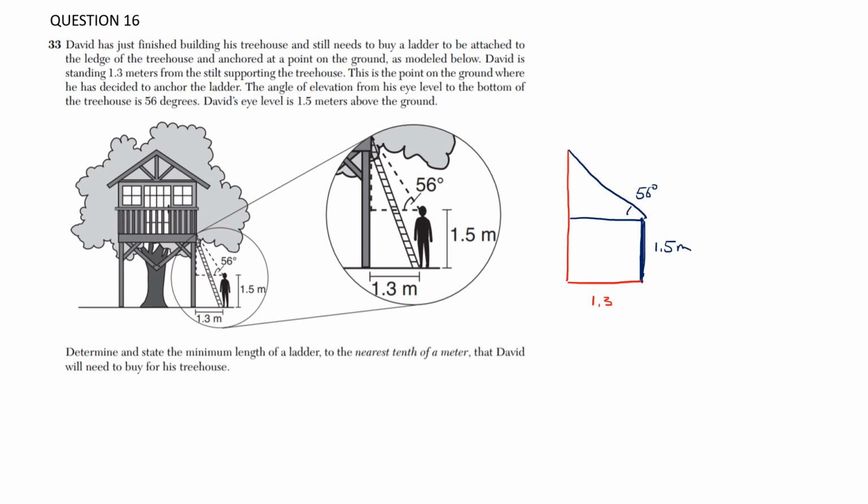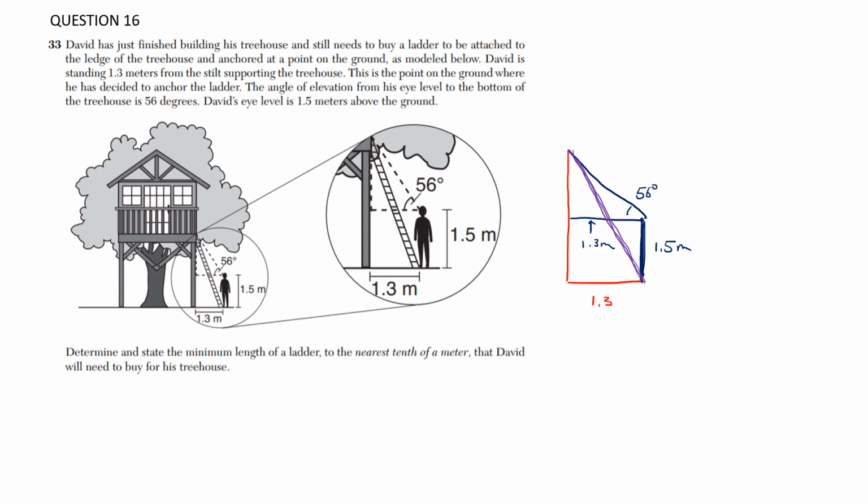And we're trying to find the length of the ladder here. Okay. So because David is also standing at the base of this ladder, we know that this measurement is also 1.3 meters.